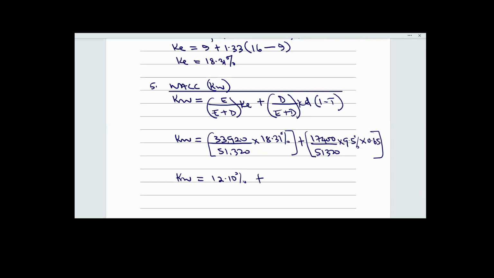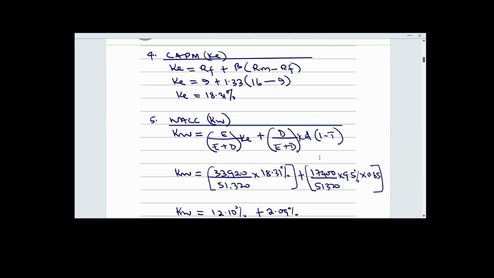Plus, from the other side, 17,400 divided by 51,320, multiply by 9.5, multiply by 0.65, equals 2.09%. When I add the two together, that will give me 14.19%. Okay, 14.19%. That's it.